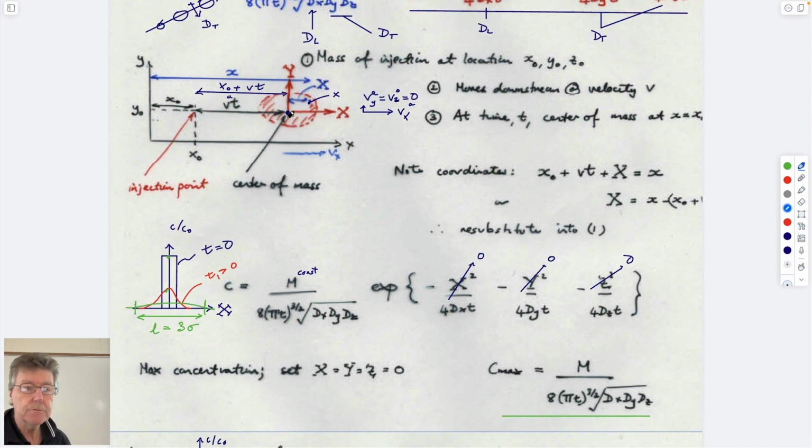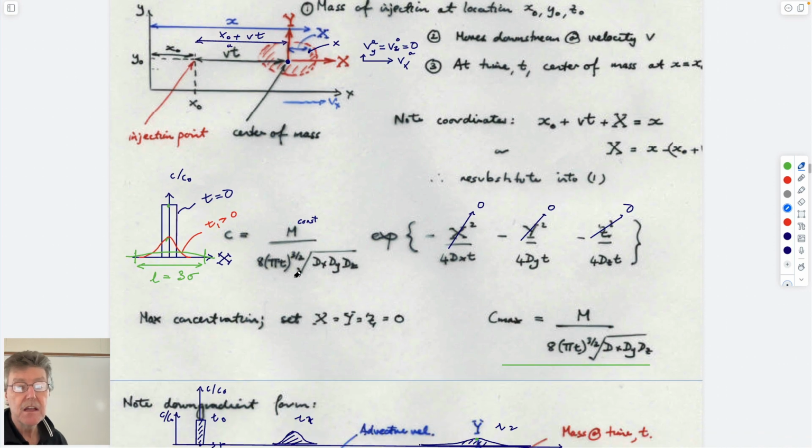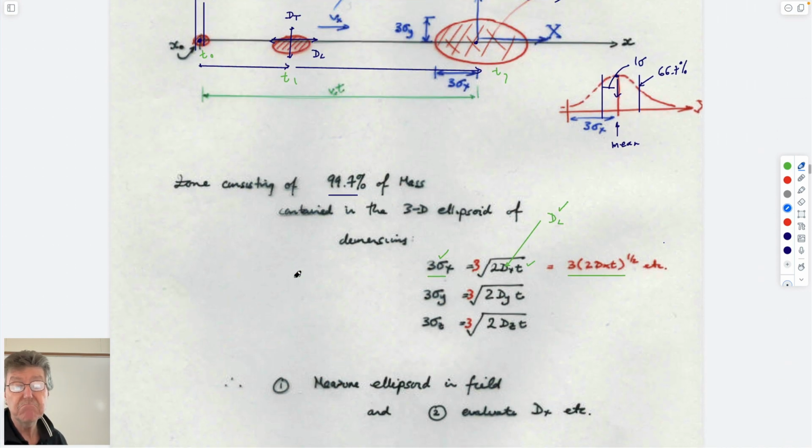If we think of it in terms of attaching ourselves to the moving coordinate system, then it becomes a very simple equation. The center of that mass becomes x, y, z, 0, uppercase X, Y, Z. And the concentration then is a function of the constant mass that's put into the system, diminishing in time as it spreads out. And we can calculate what that is.